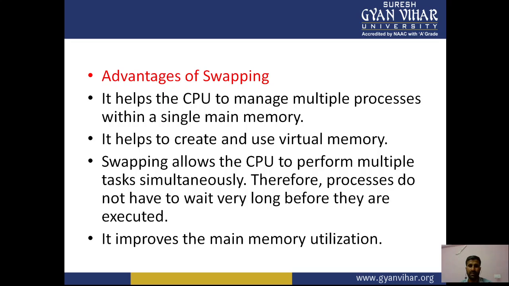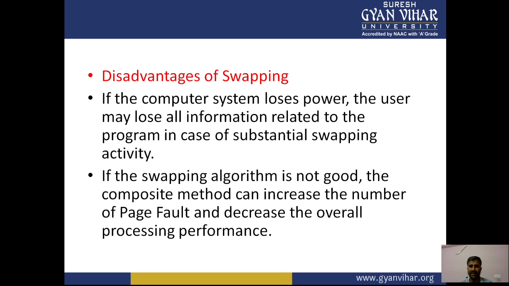We require swapping because our RAM is too small to execute all the programs simultaneously, so we use the swap in and swap out method. Therefore the processes do not have to wait very long before they are executed, and it improves main memory utilization. So these are the advantages.